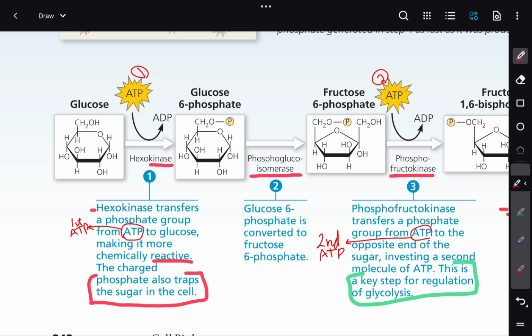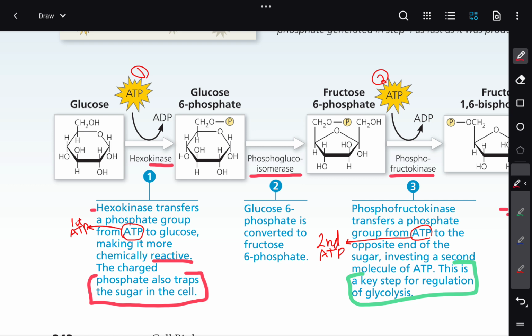Since we already established that in the first 5 steps energy is always consumed, that means whenever there is a kinase, a phosphate group is taken from ATP into the molecule. So kinase here will grab a phosphate group from ATP and attach it to glucose.